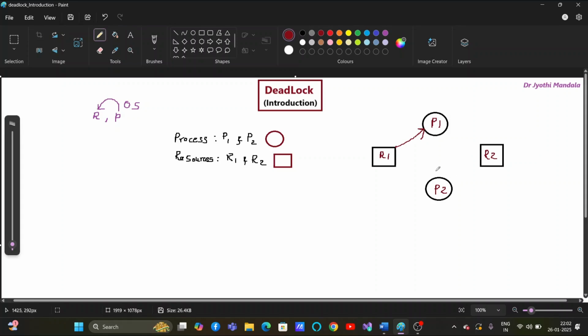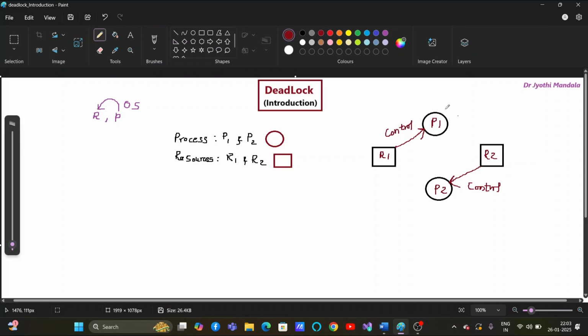After some time, P2 requested the resource R2. Now R2 has been assigned by the operating system to the process P2. So R1 is under the control of P1, and this can be called control. And R2 is under the control of P2. After some time, P1, if it wants to complete its execution, requires R2 also.